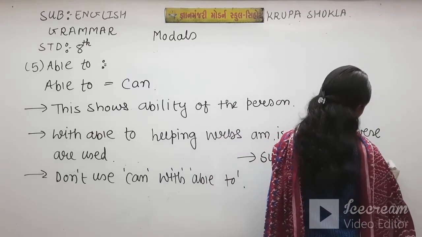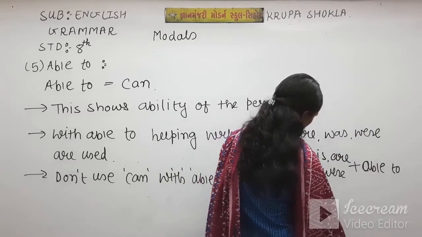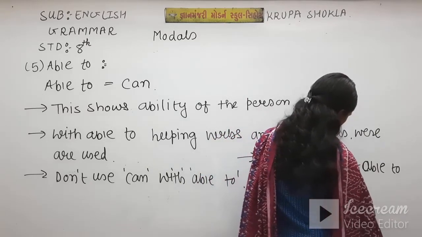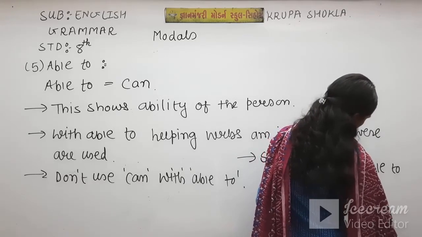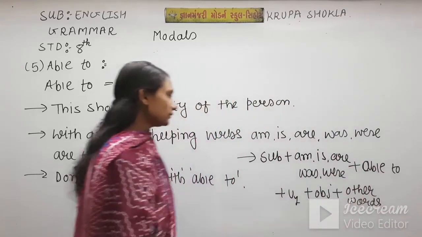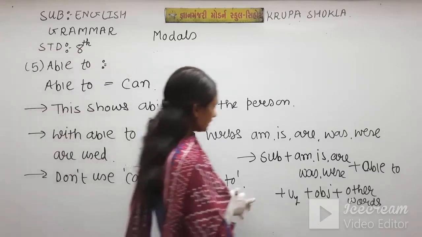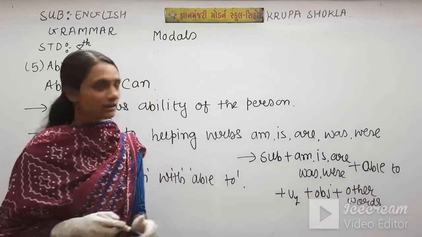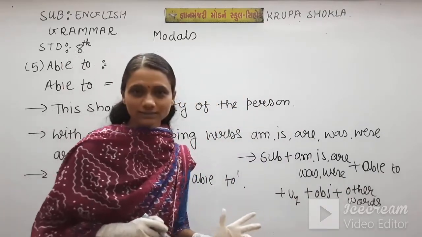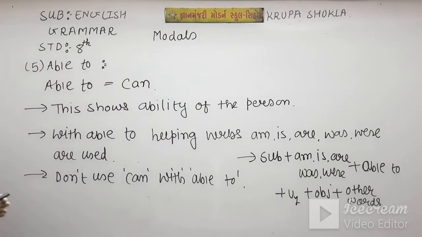After this able to plus V1, object, plus other words. So this way you can use able to. First you just note down this thing, students. After that we'll go for the sentences. Please note this down.